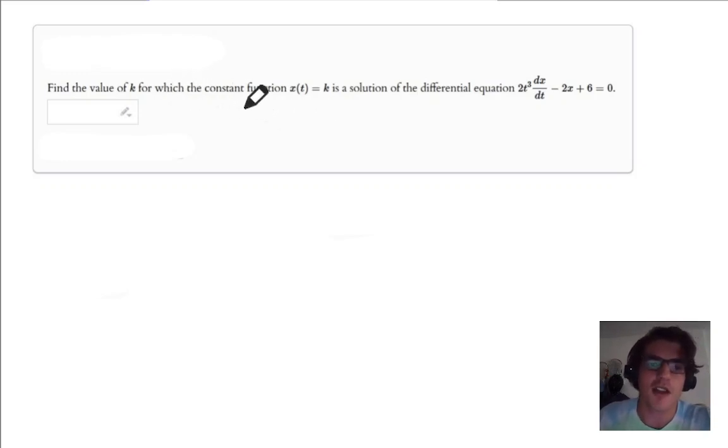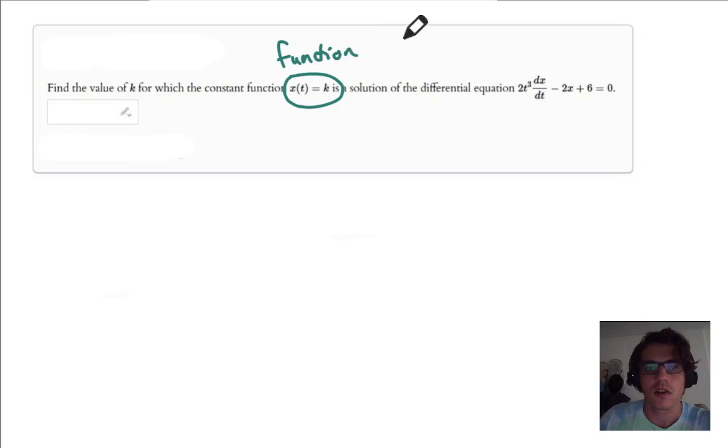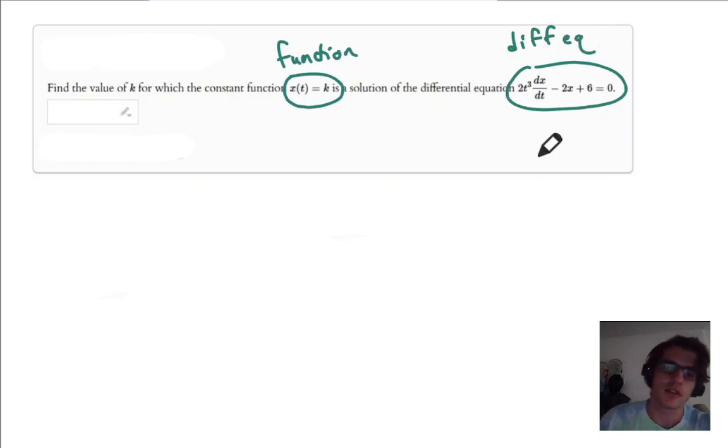Okay, to find the value of k for which the constant function is the solution of this. Are we going to use the same method? Well, we have a function, and we have a differential equation, diff EQ. So yes, we're going to use the same method.